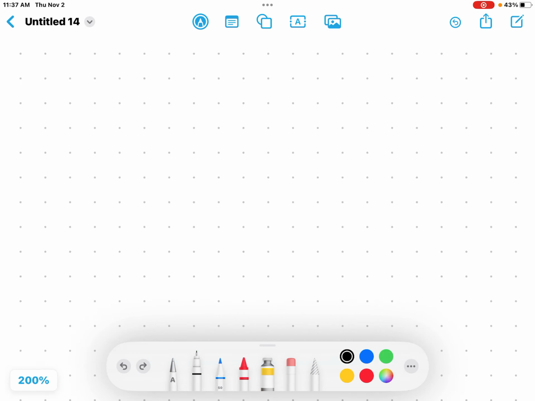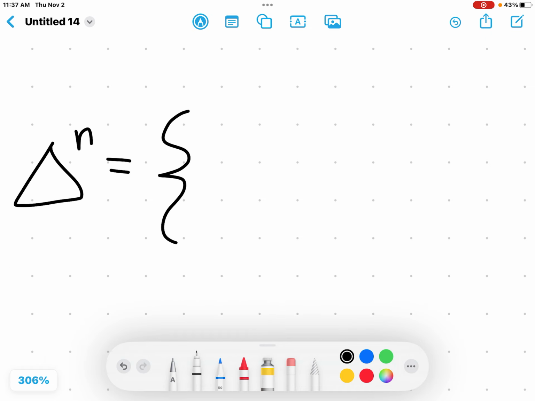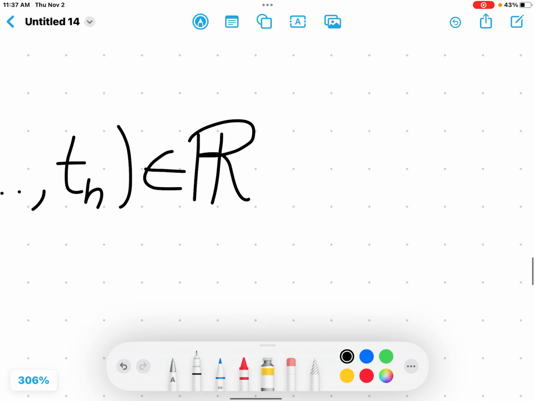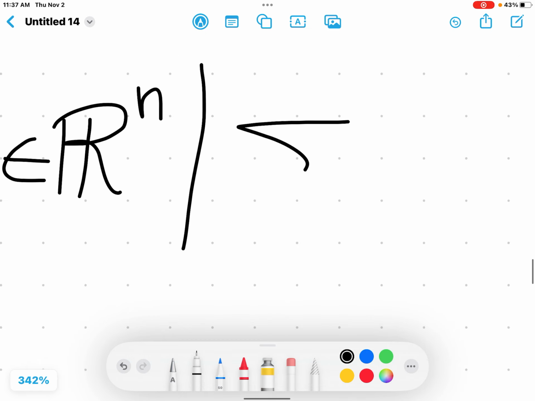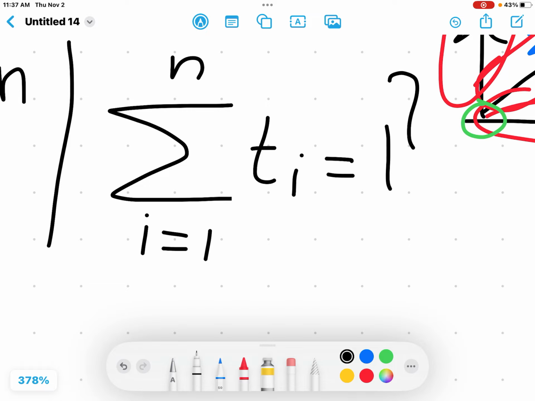So what we're doing, if I denote an n simplex, and I haven't defined what an n simplex is yet, is a tuple of points t_0, t_1, up to t_n in R^n, such that the sum of these linear combinations is 1.